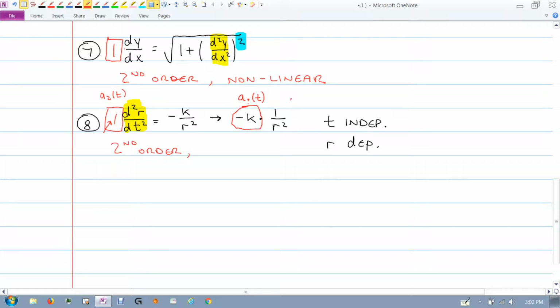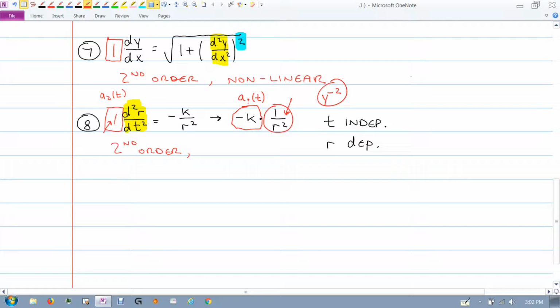But the problem is this right here, 1 over r squared. If you look back at the formula on page 3, it says that we can have the second derivative of y, first derivative of y, third derivative of y. We can have y by itself, and then we could have a function of x. Well, it doesn't say anything about having this. This would be like us having a y to the negative 2 in that formula, and there's nothing about negative exponents in there.